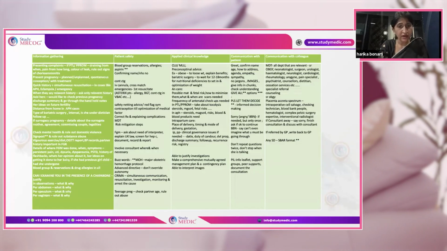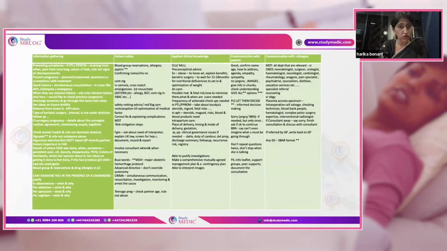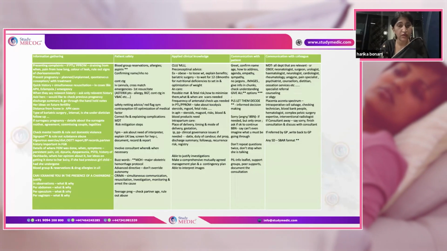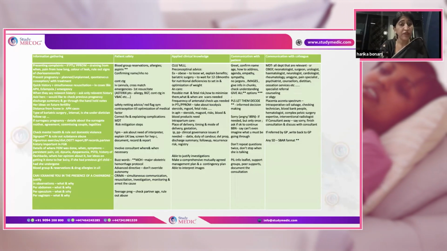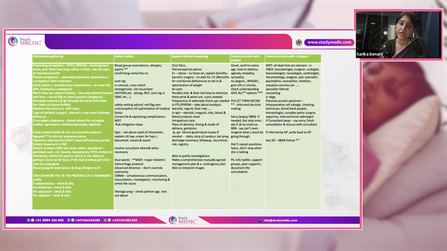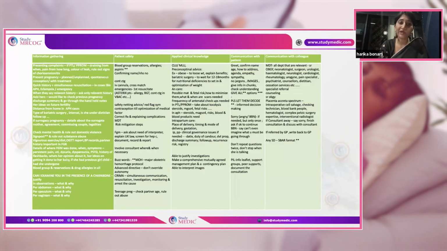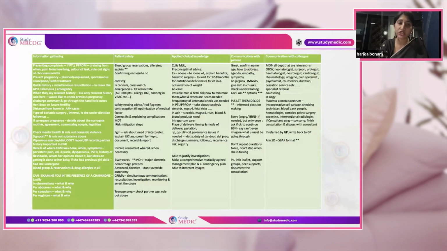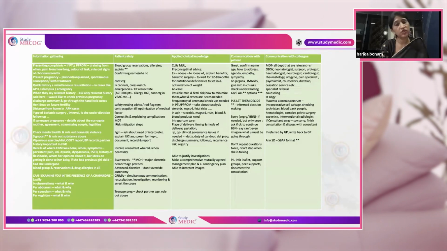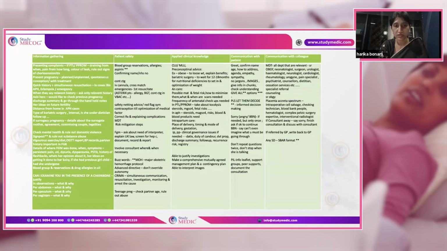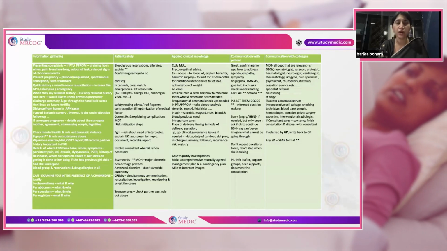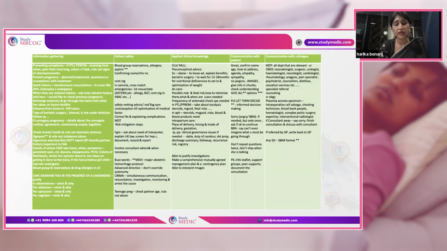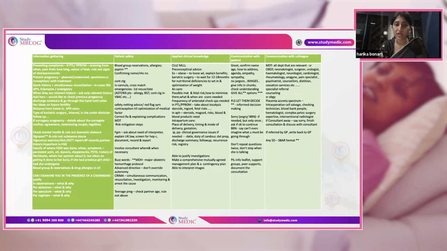And an appropriate care plan, explaining the complications in medical disorders complicating pregnancy, and always involve the MDT. If you are explaining certain risks to the patient, say for example a VBAC patient, you are explaining that she can have a scar dehiscence. The patient will be scared at that point when you say scar dehiscence. You can tell that 5 in 1,000 can have scar dehiscence, but don't worry, you have fewer risk factors.